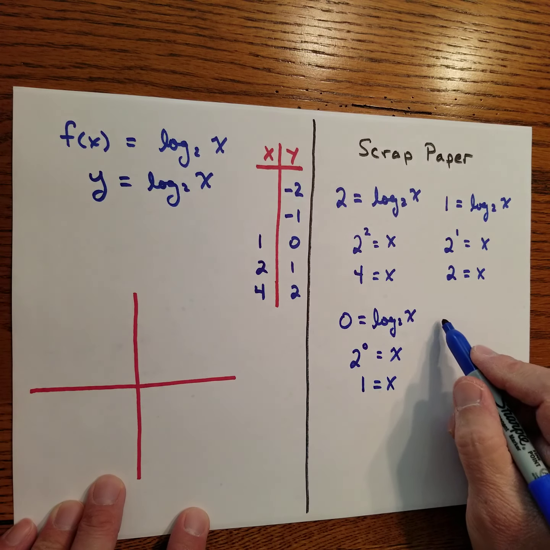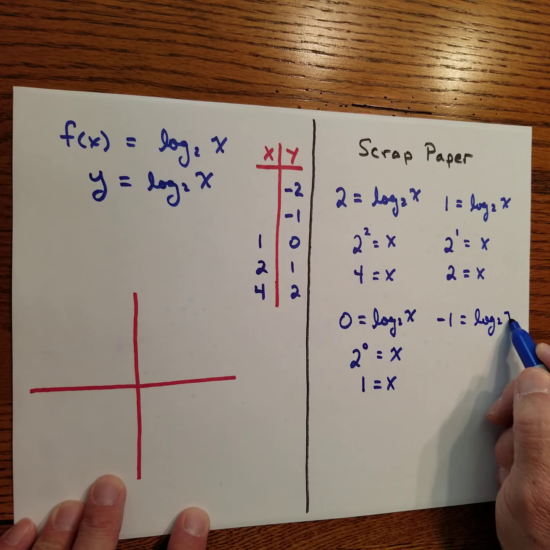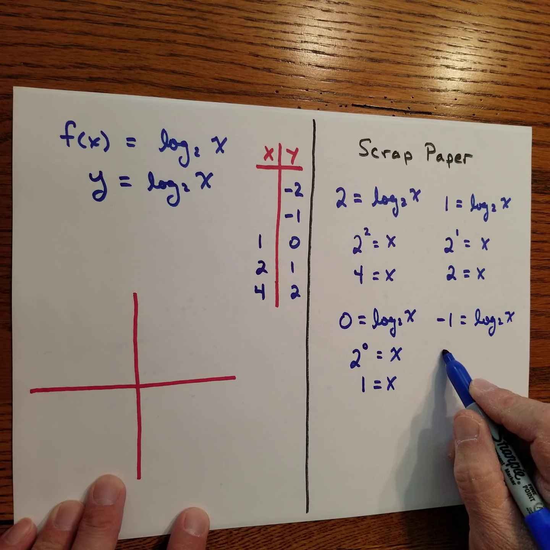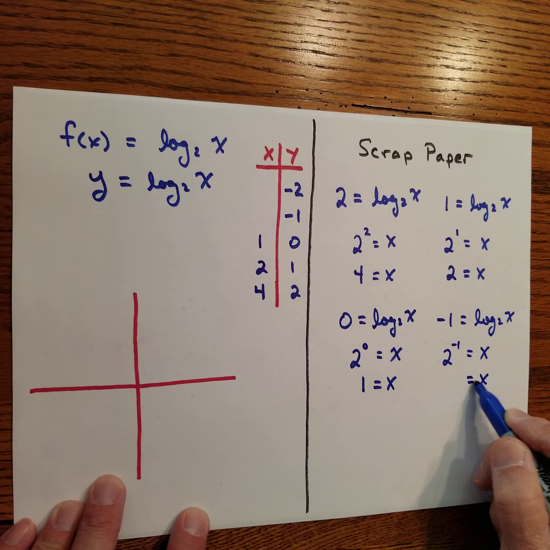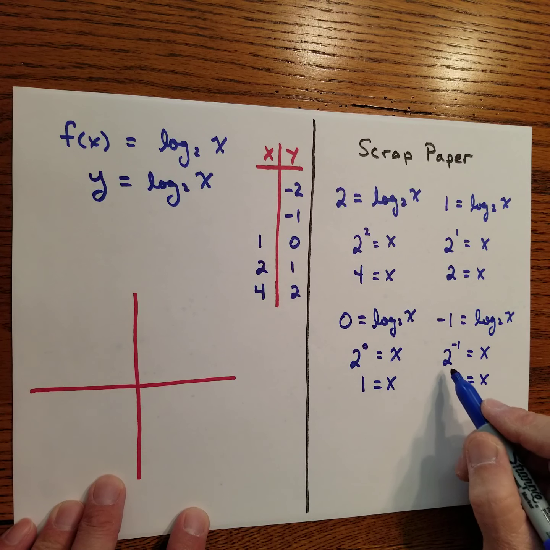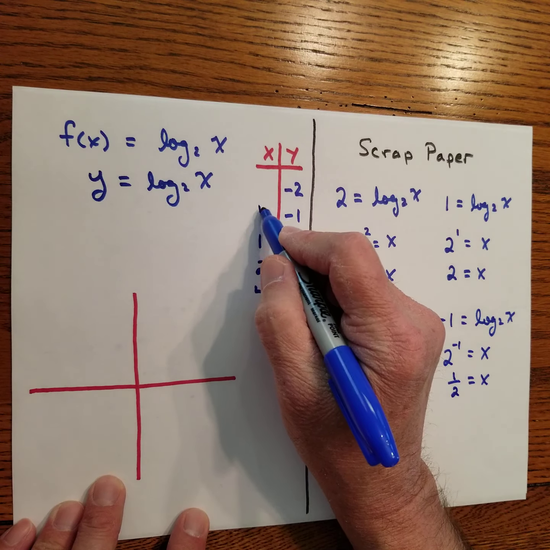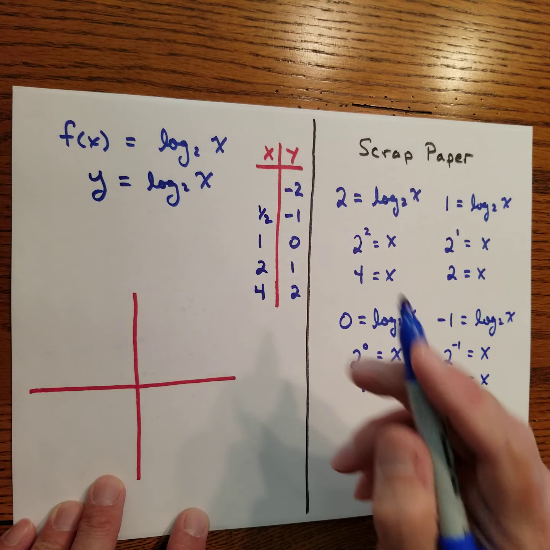When y is -1, then -1 is the exponent that goes on that 2. And 2 to the -1 power just means reciprocal. Finally, we'll let y be -2.